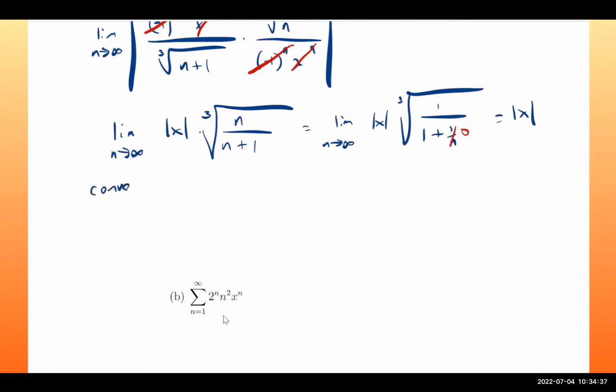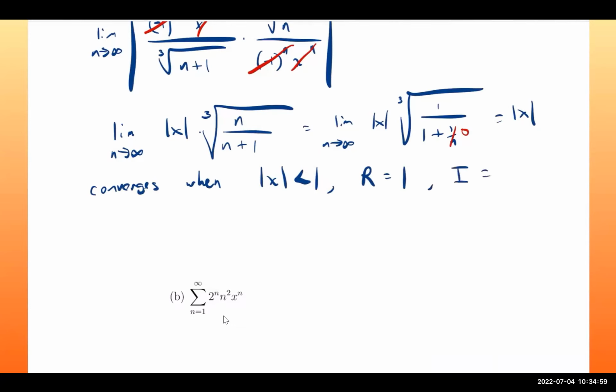So this converges when the absolute value of x is less than 1. That's what the ratio test tells us. In this case, that means the radius of convergence is 1, because whatever number this is, that's your radius of convergence.